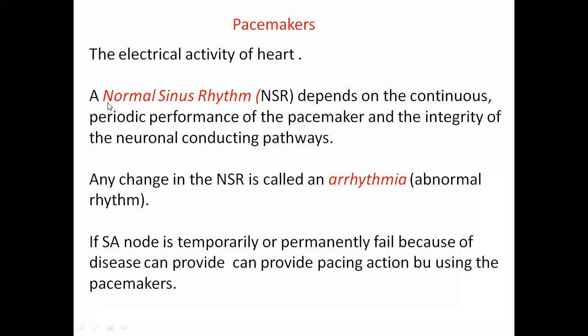So coming to the normal sinus rhythm. Normal sinus rhythm depends on the continuous periodic performance of the pacemaker and the integrity of the neuronal conducting pathways. The electrical pulses which are generated at the heart, that is at the sinus node, are generated continuously and periodically.